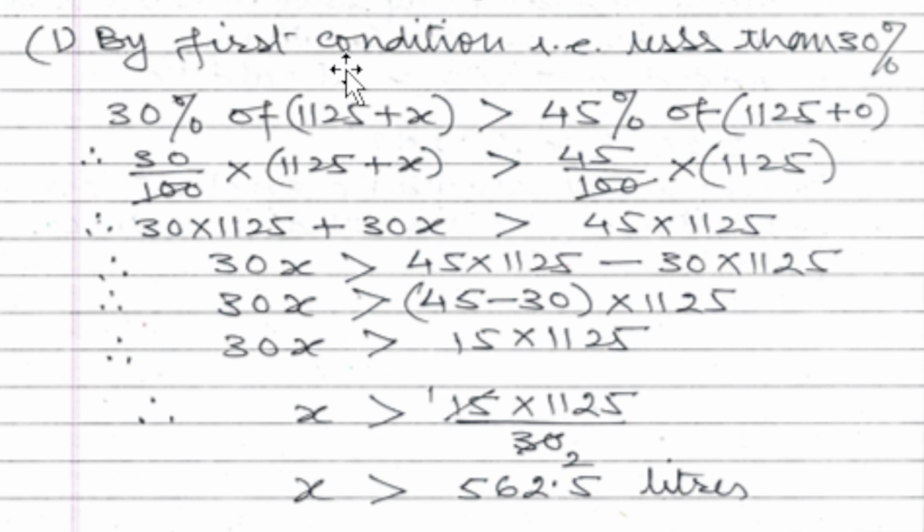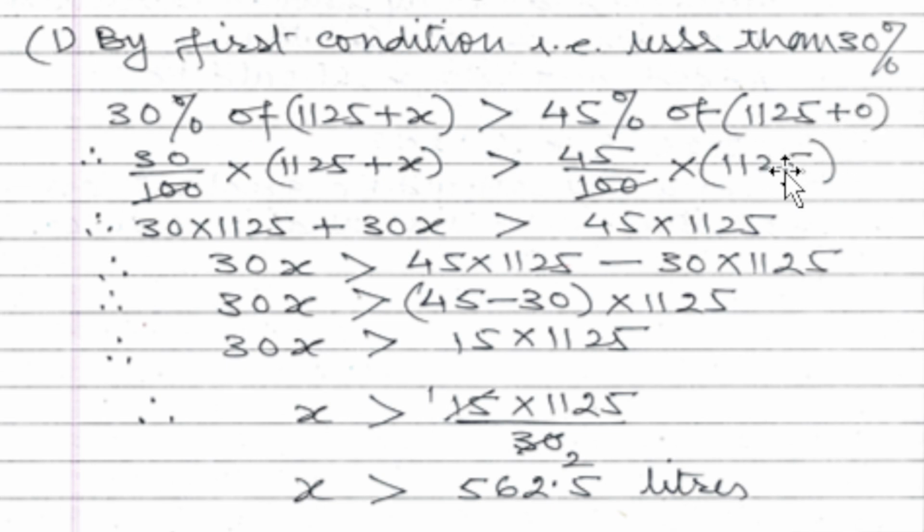Now, by the first condition, that is less than 30%, 30% of 1125 plus x is greater than 45% of 1125 plus 0. Actually, I have taken this 0 because when we add water, no acid has been added.